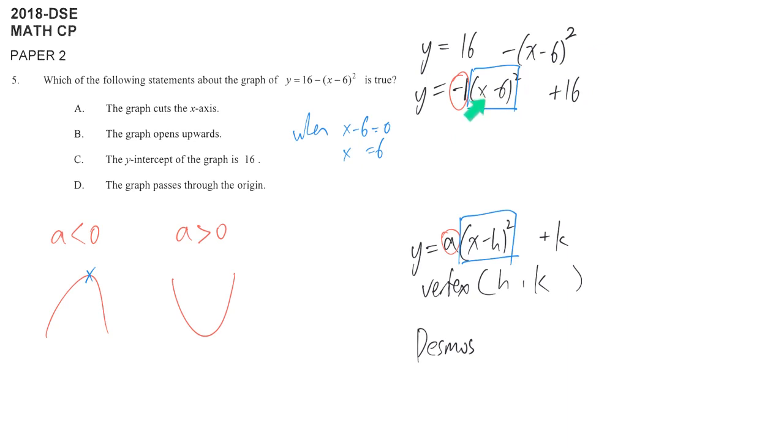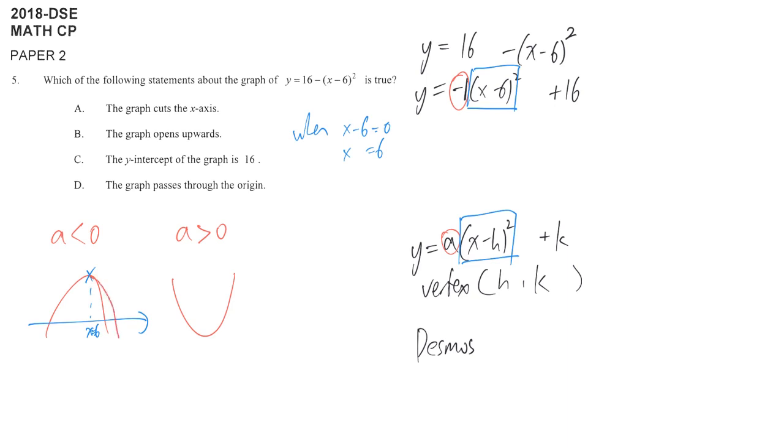If x is not 6 here, that means this square will be some value. That means from 16 we need to minus some other value, which will cause the graph to go down in both directions. So we know that the x position is equal to 6 at the vertex point. This graph is not really good. It should be symmetric.